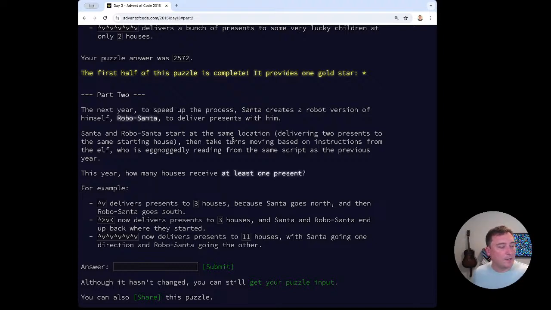We've got a Santa team, or we've got houses. We've got the house grid that we can then send Robo Santas delivering to.